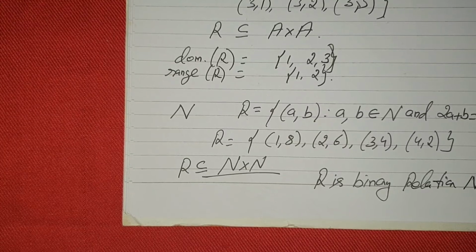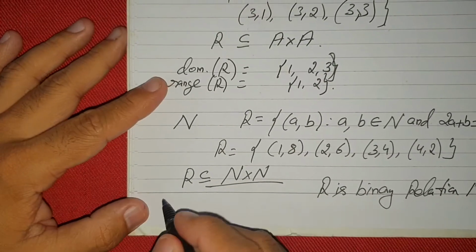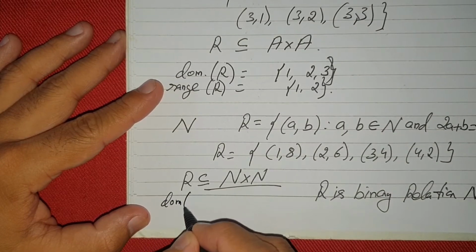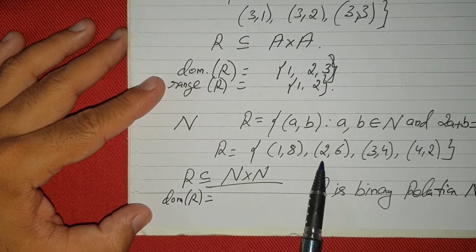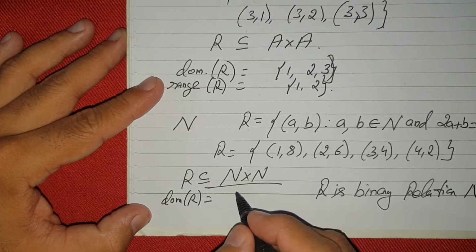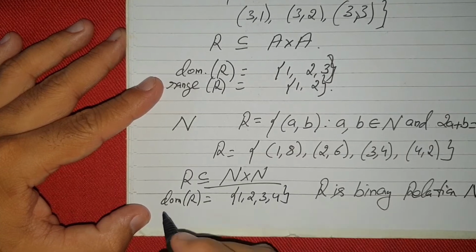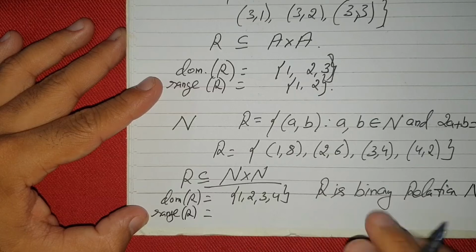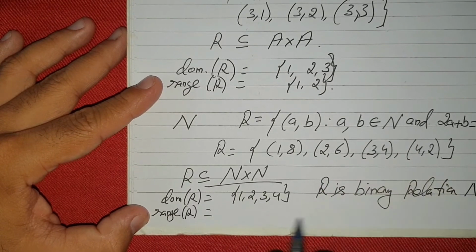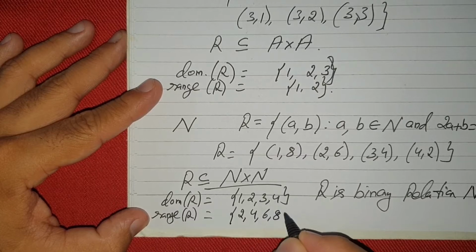Now again, domain of R. We can find it here only. So the domain of R is the first elements {1, 2, 3, 4}. The range of R will be {2, 4, 6, 8}.